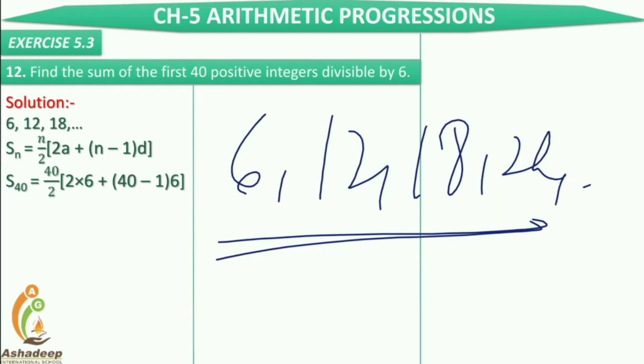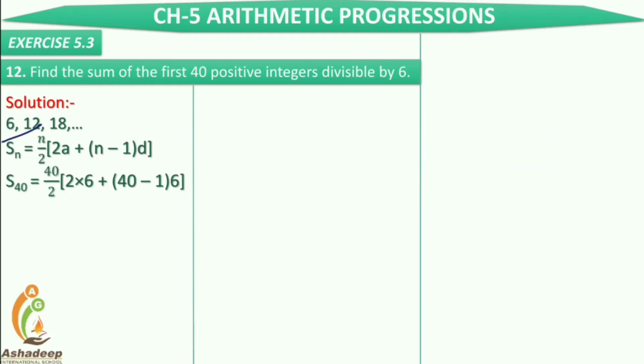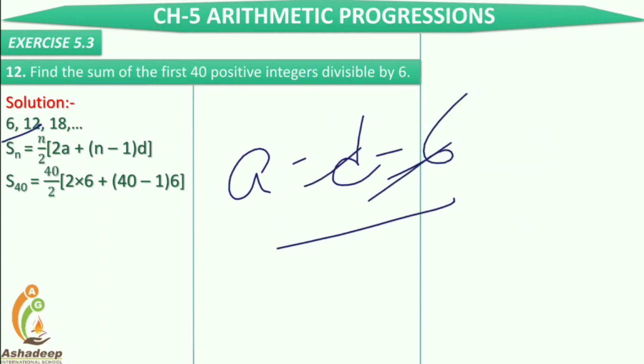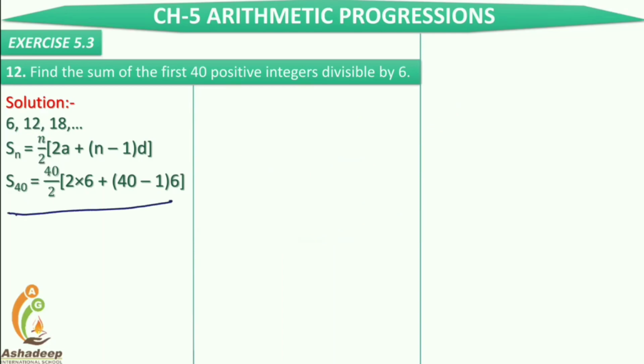It is obvious. You can say divisible by 6 or a multiple of 6, the same thing. Now A is equal to 6, D is equal to 6. We can put the formula into this, simplify, and you will get S40 is equal to 4920.